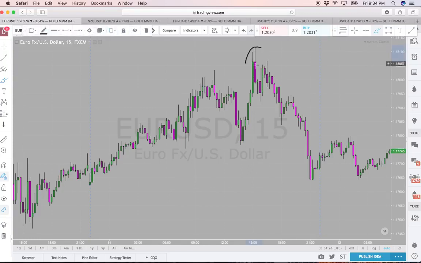Like we said, the wick and the railroad tracks here, the two, one up and then one down. We use that as a confirmation a lot. So if that candlestick right here, for example, closes below the high, that is considered a valid entry for us.